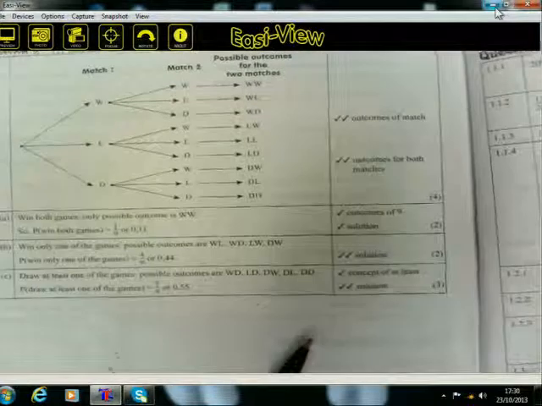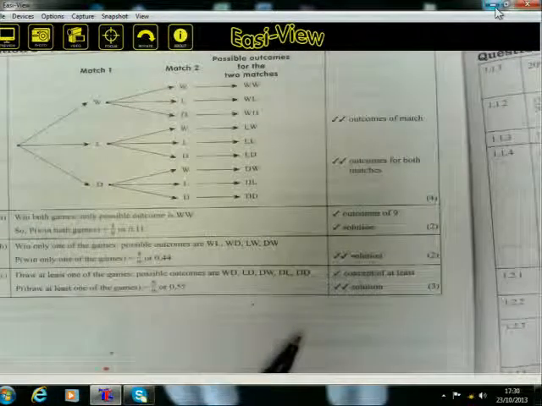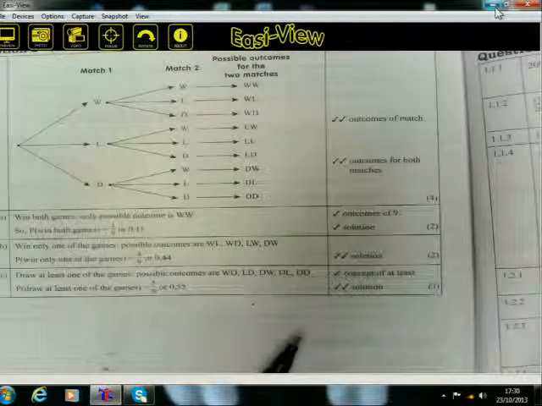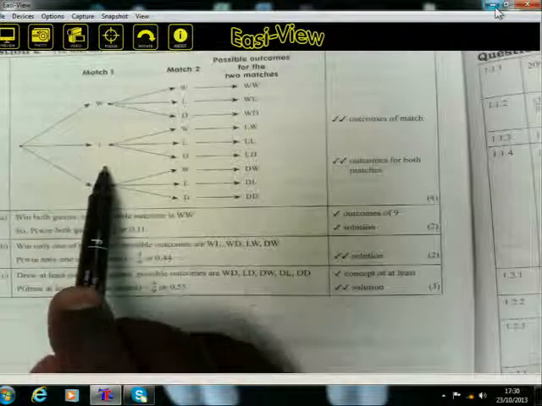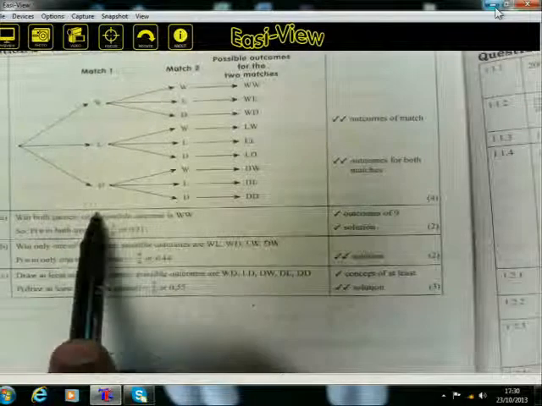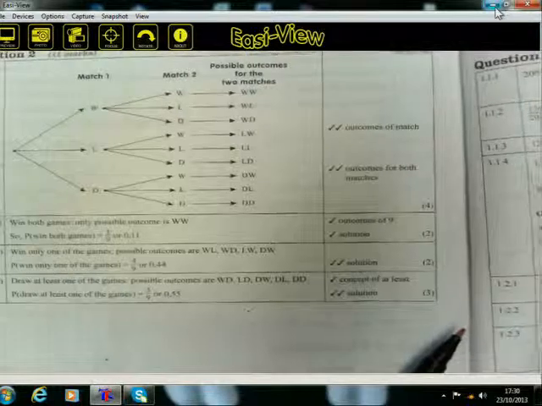Now, the last one that I want us to do quickly is this one of the tree diagram. Hey, good people, the tree diagram is very important. In our tree diagram, W stands for win, L for lose, and D for draw. You can have a look at this question again.